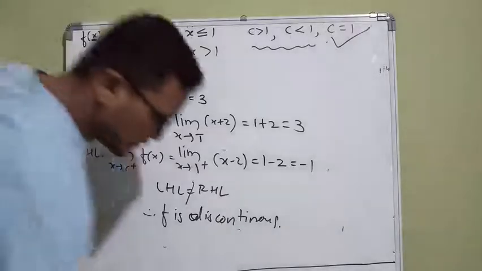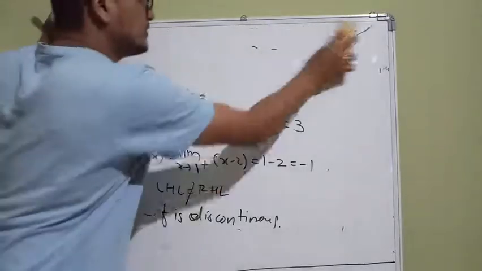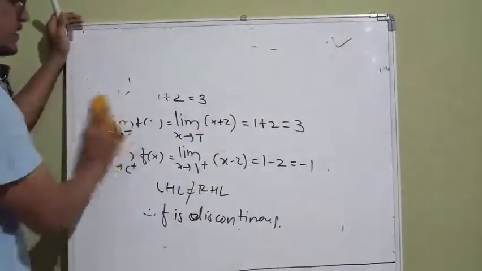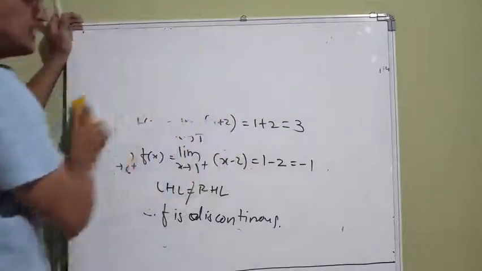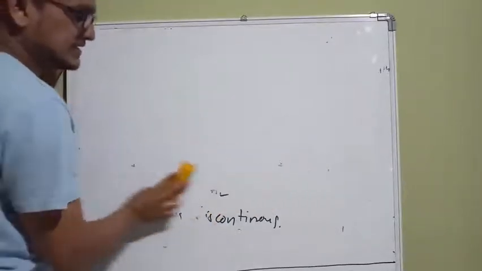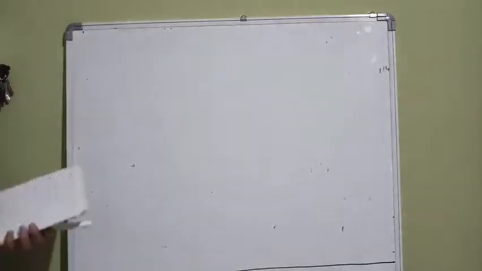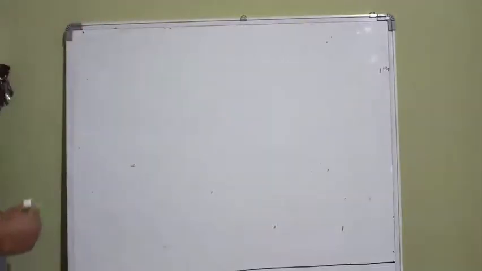Okay, so let us have some more examples on this continuity part. Whatever I have solved in the last video and this video, the same type of examples you will find in the exercise. So go through these first 2 videos carefully, and you will not find any difficulties in the exercise.